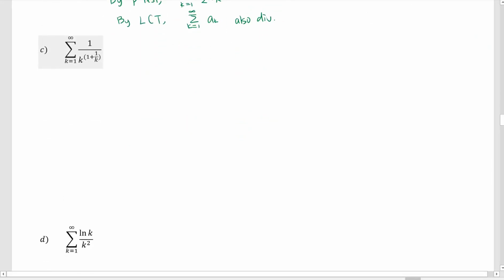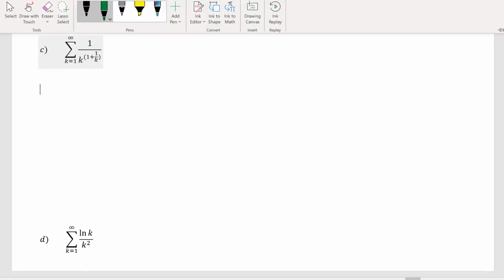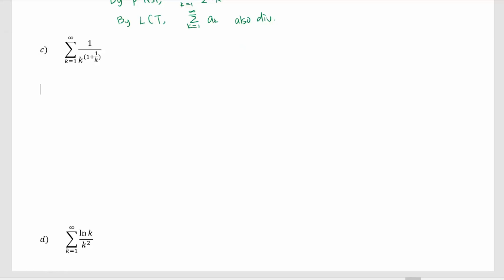All right, let's continue. So let's look at this problem. First step, this is a sub k. What is the limit of the sequence? Well, that is 1 over k, 1 plus 1 over k.